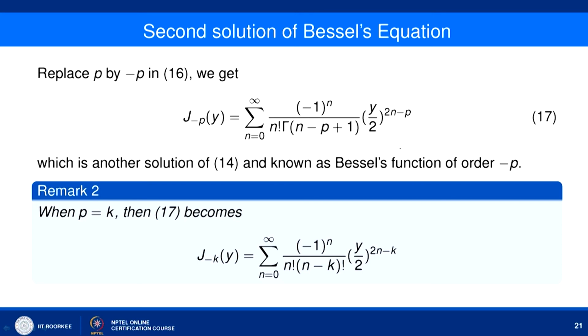So, I can say that it is homework: the other solution corresponding to R2 equal to minus p, we will get the following expression. So, here we say that when p equal to k, then 17 becomes this, and this is known as Bessel's function of order minus p, or Bessel's second solution.